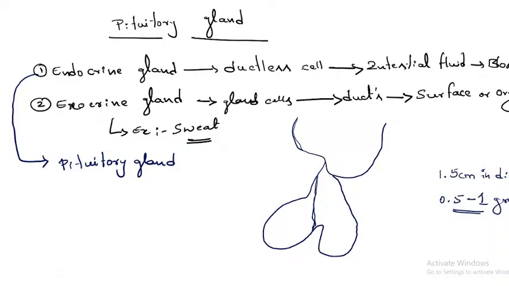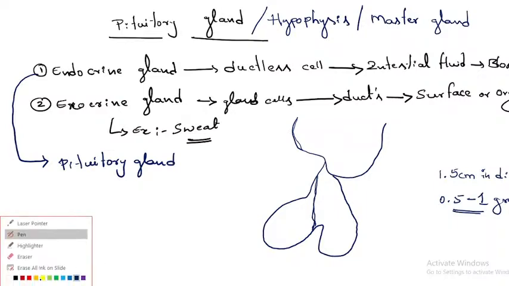The pituitary gland is also called the hypophysis. This is the master gland.